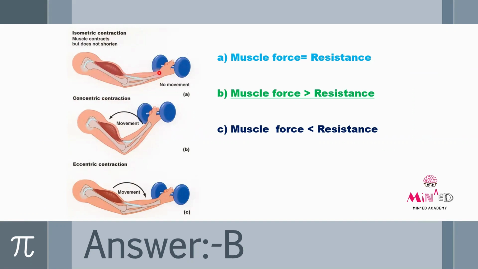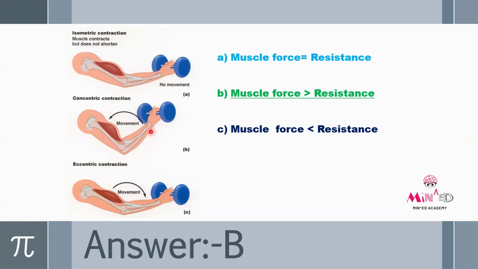In isometric, you see no movement will be there. Muscle contracts, but no shortening or change in length is there. Isometric means length will be same. Now, if you go to concentric, the movement will be towards the insertion point, okay? And eccentric, movement will be away from the origin.